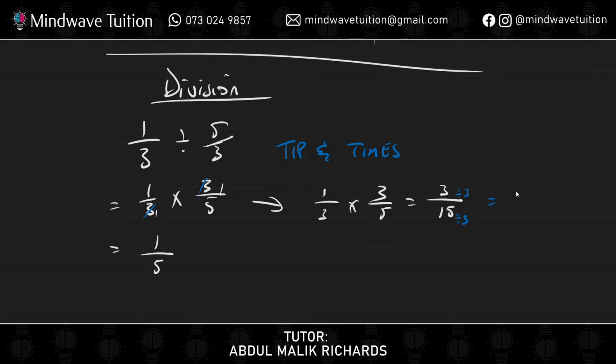Alright, and 3 divided by 3 is going to equal 1, and 15 divided by 3 is 5. So there we go. That's division of fractions.